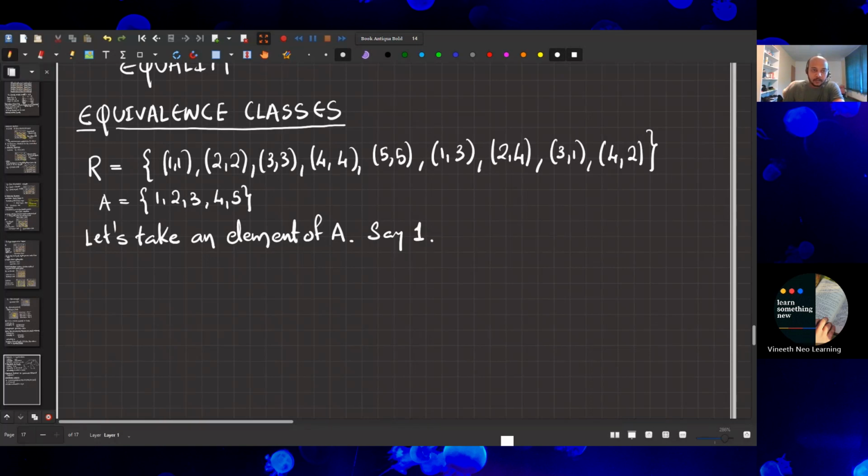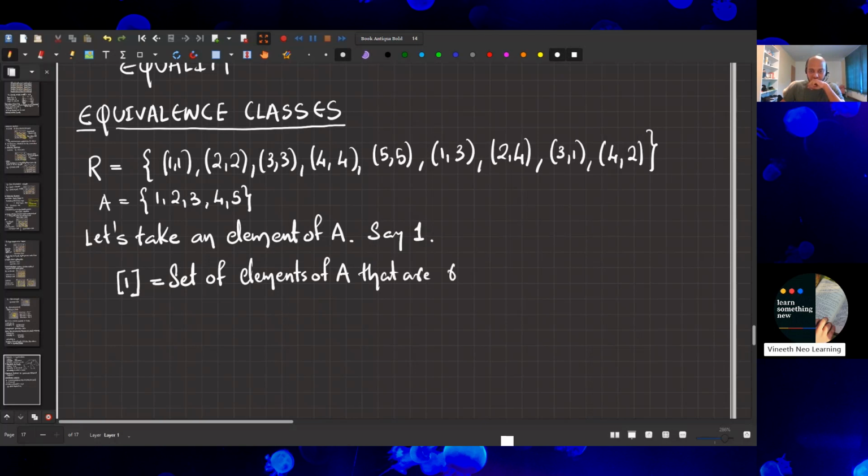Let me denote that by putting 1 inside a box. This means the set of elements related to 1, meaning the set of objects that are equal to 1 in this context. That's the idea.